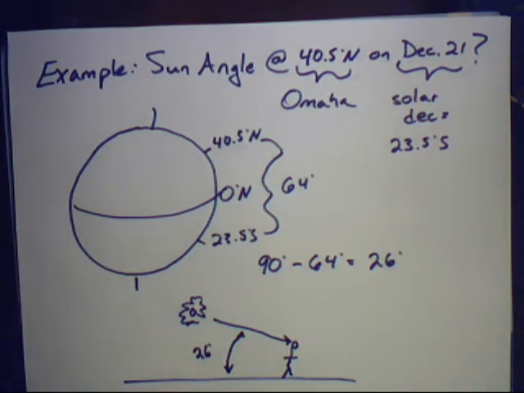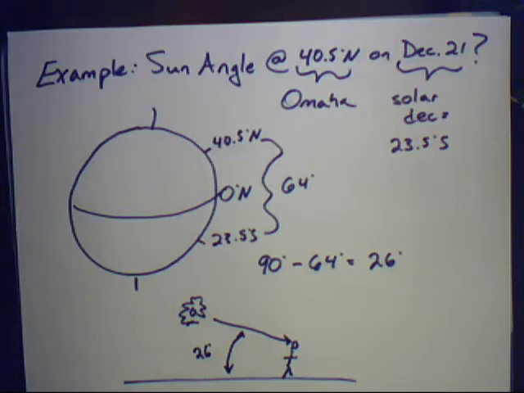All right, so if we draw a big globe showing the equator, here's our given latitude up at 40.5 degrees north, and here is our solar declination at 23.5 degrees south. The distance between them works out to be 64 degrees, and 90 minus 64 degrees is 26 degrees. In other words, the sun angle in Omaha on December 21st is 26 degrees.